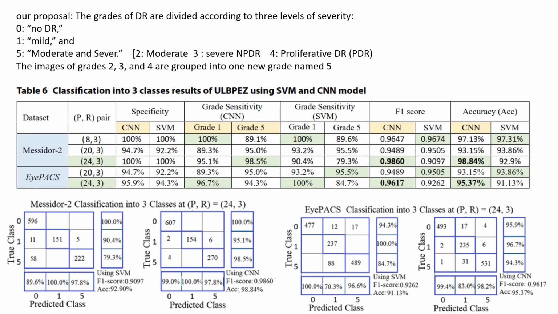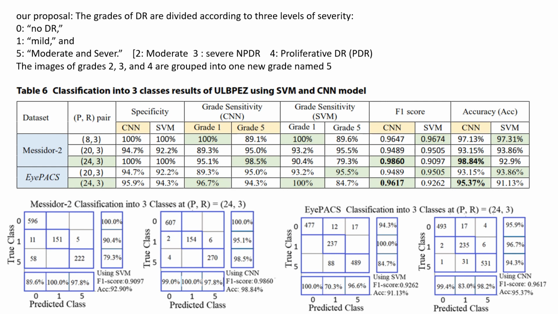To find the best pair of neighbors and radius, as we decided in the previous slide, radius 3 is the best. So we concern ourselves here with the neighbors. We found that in Messidor 2, neighbors 24 is good, and also in Kaggle 24 is good. The results we obtained are promising and superior to other literature.